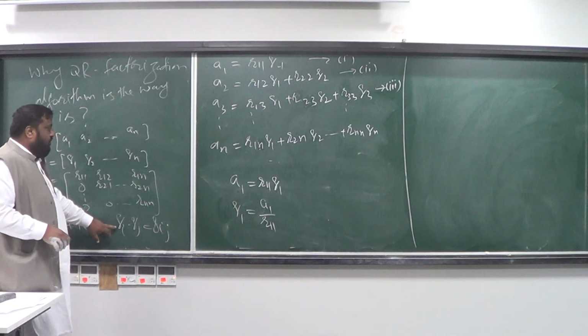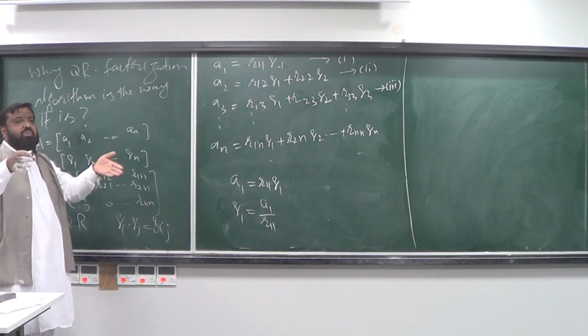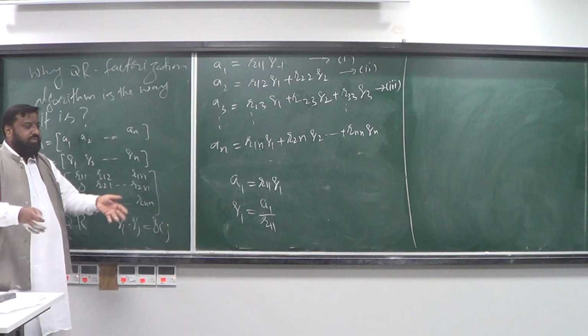Our Q's are vectors. If you compute their magnitude, being orthonormal, it is equal to 1.